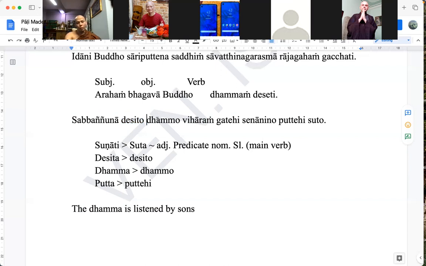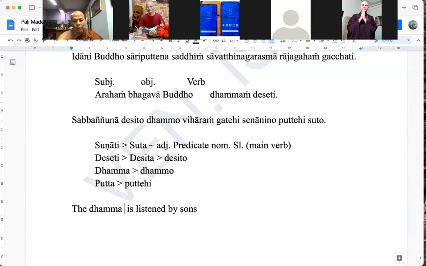Now before dhammo, we see desito. So desito is a past participle adjective, modifying dhammo, we can understand. So the Dhamma. In Pali it is before the word, but in English it is after. So desita is the past participle of desēti, right? Desēti expounds.